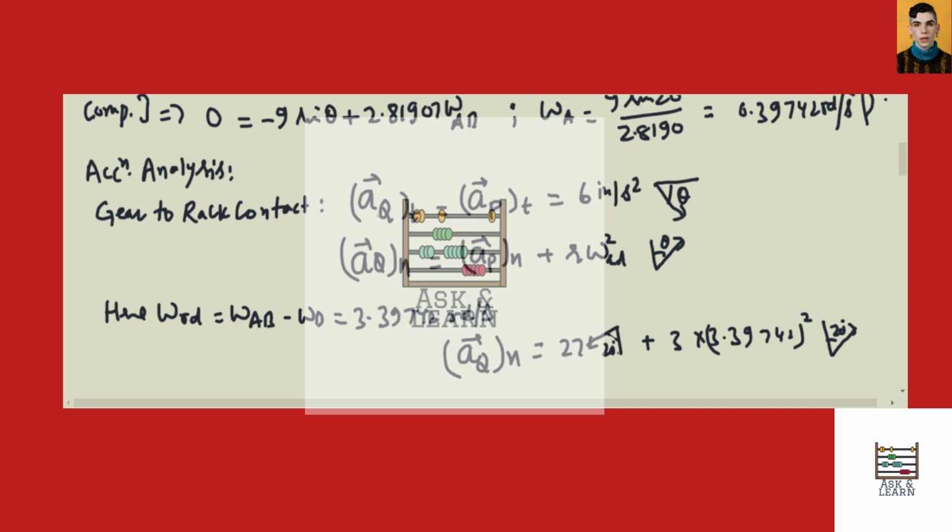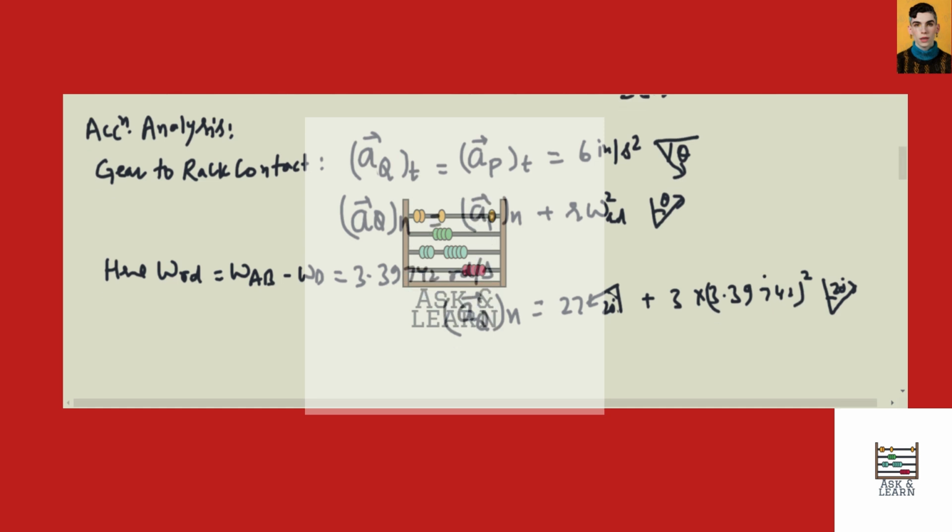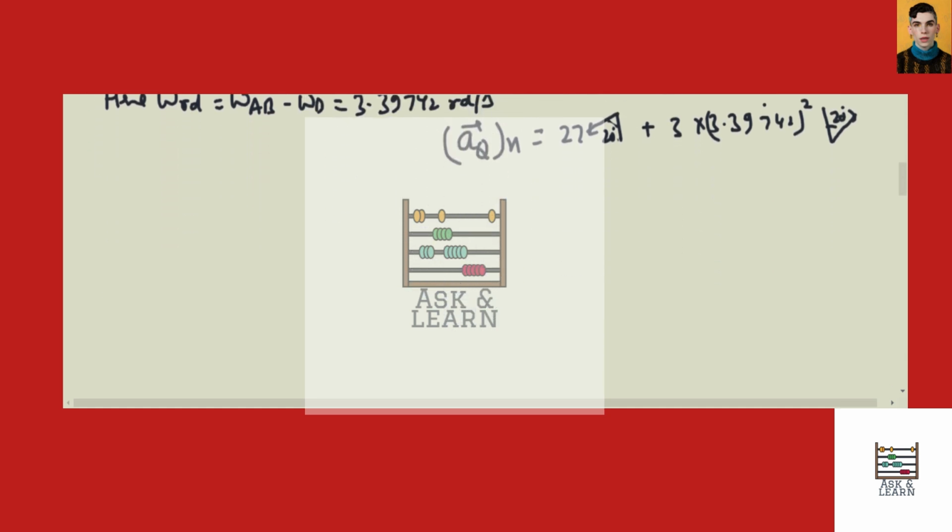So on solving it, this acceleration you will get 34.76274 inch per second square.